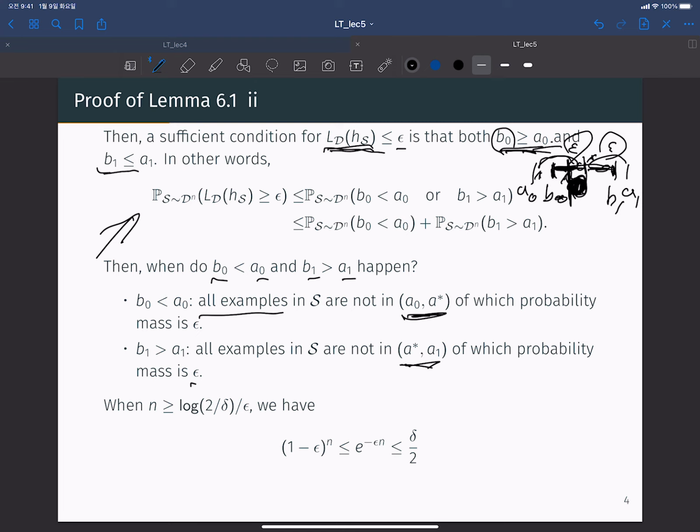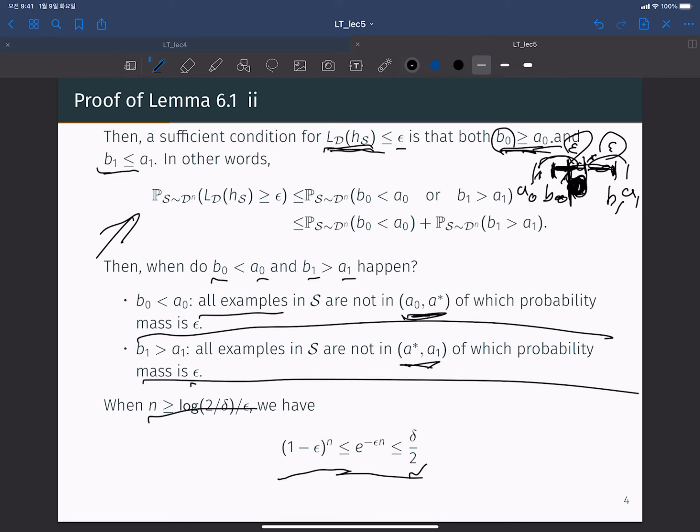So using the independence property of the training sample generation process, with this amount of samples, we can say that this event will occur with probability at most delta over 2, which comes from this inequality.